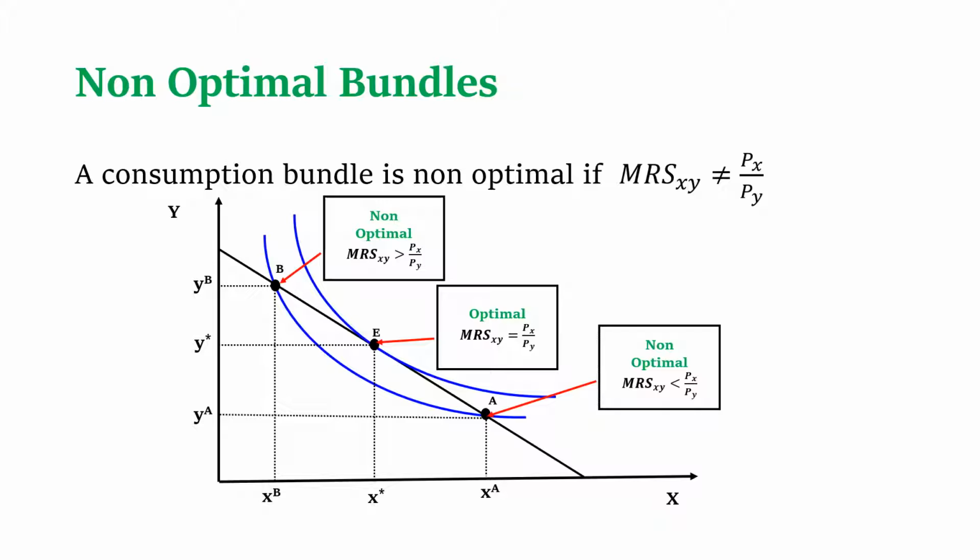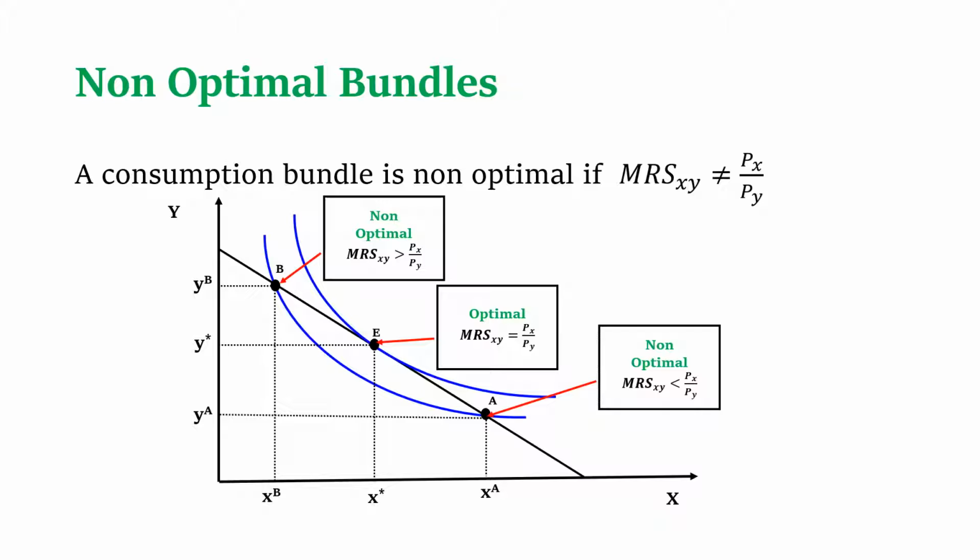So that is the optimal point. We see that at that point, the indifference curve is tangential to the budget line. In other words, the budget line is a tangent to the indifference curve at point E.